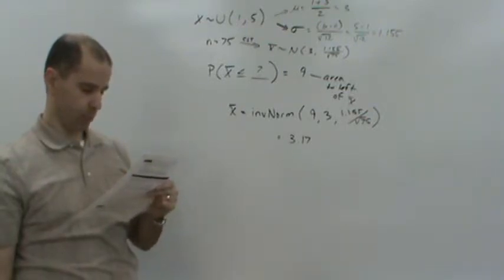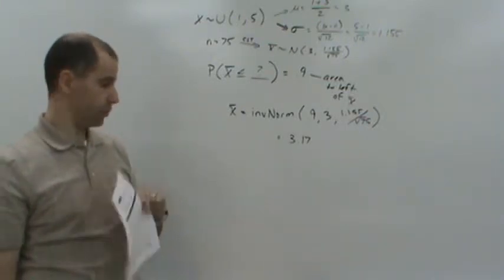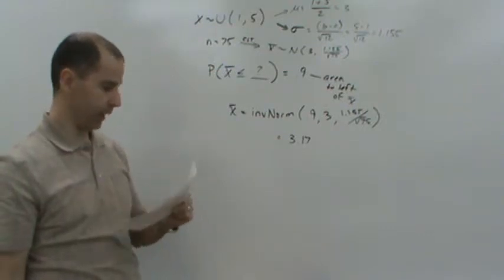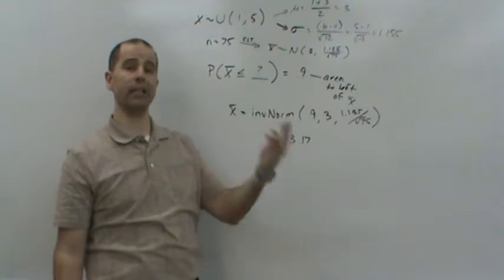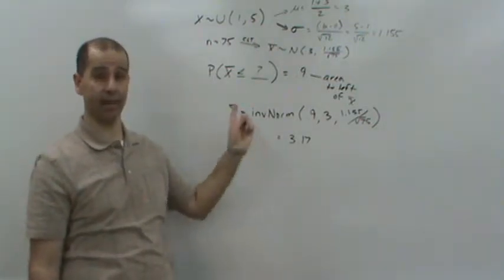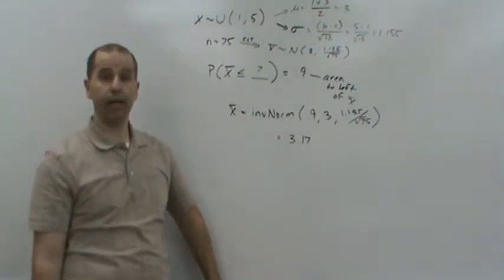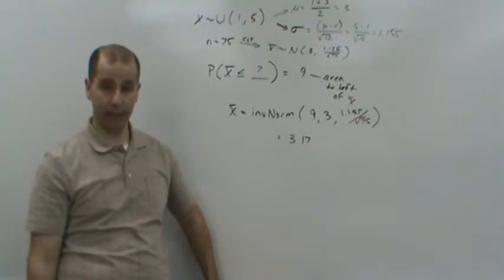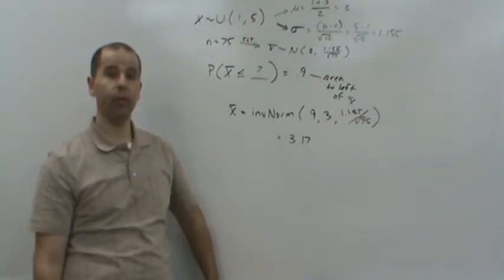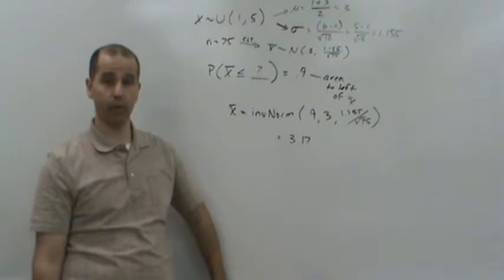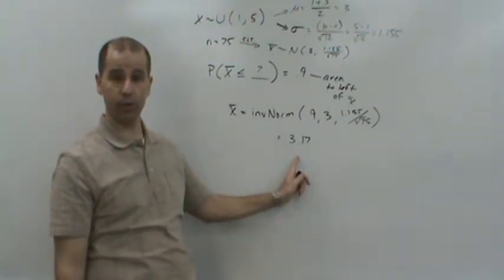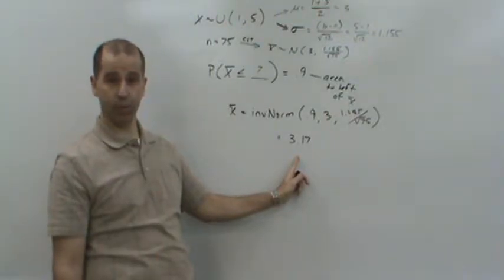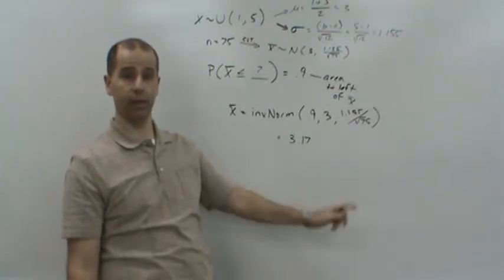Let's think about what this means. If we took all of the possible samples of the same size, in this case 75, and calculated all of the sample means, then 90% of those samples would have mean stress scores of less than 3.17, and then 10% would be at least that.